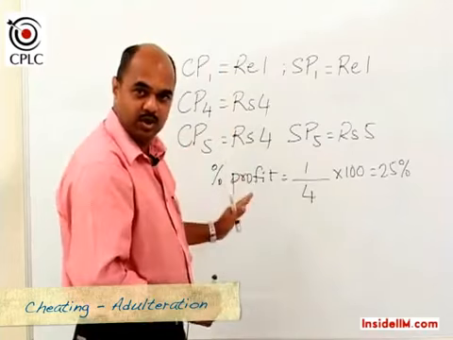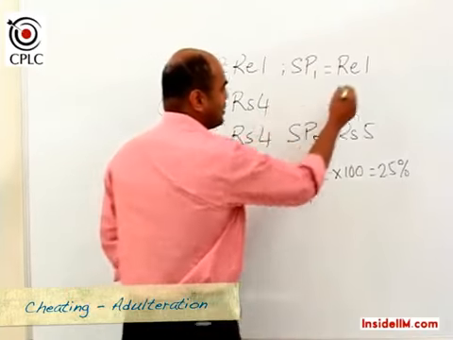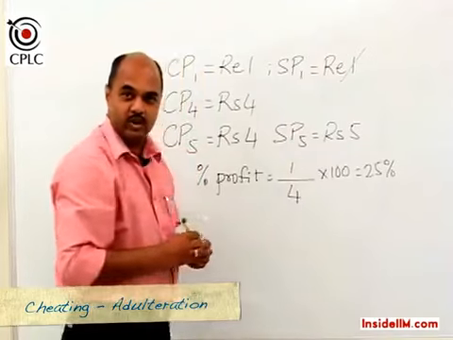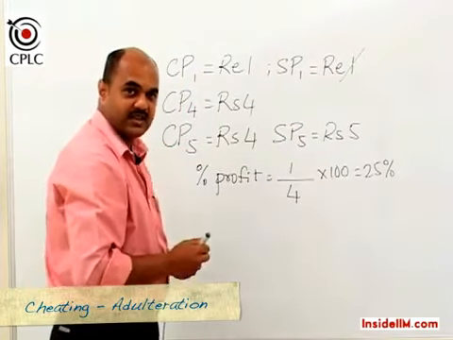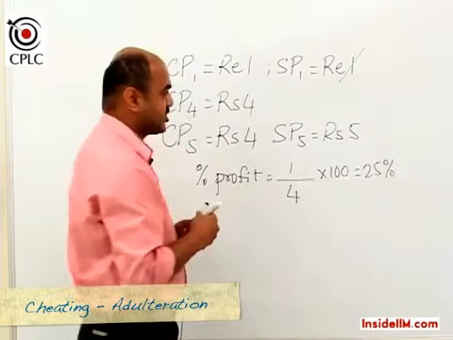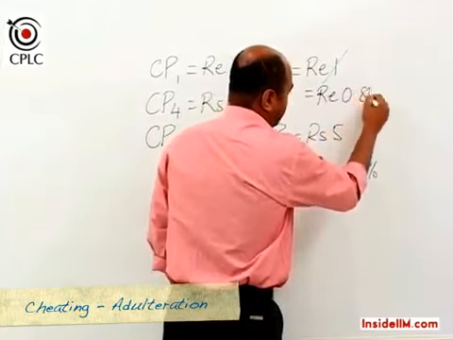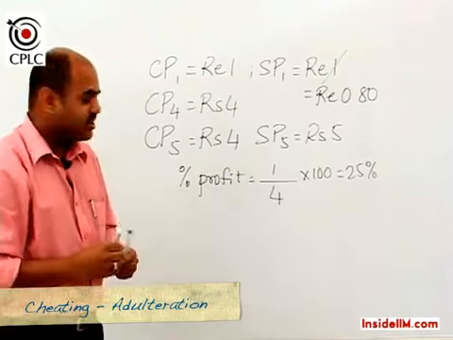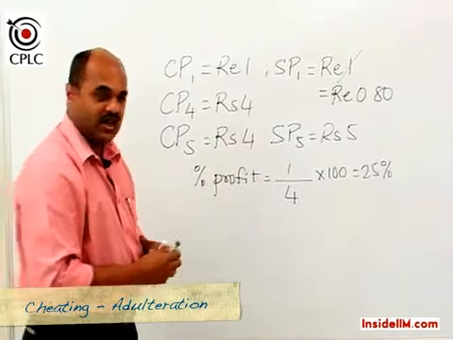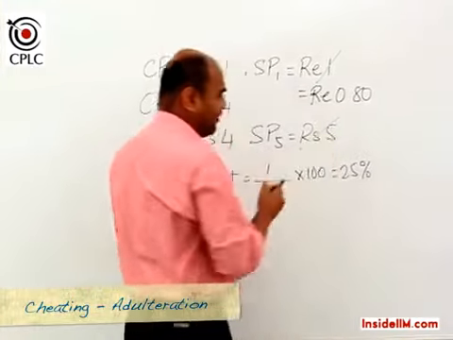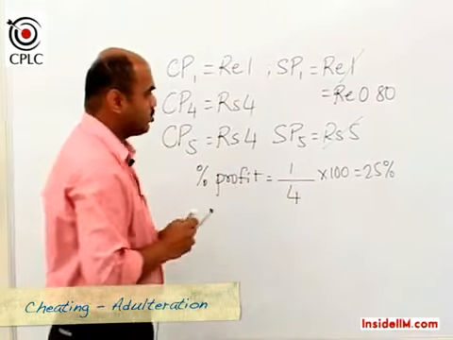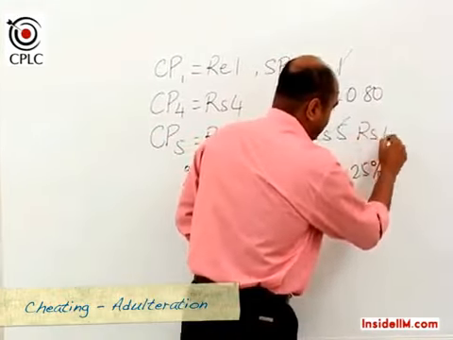Cost price, nothing would change, but selling price is no longer 1 rupee. Selling price is at a discount of 20%, and hence this would become 80 paise. And the selling price of 5 liters now is no longer 5 rupees. The selling price would now be 4 rupees.